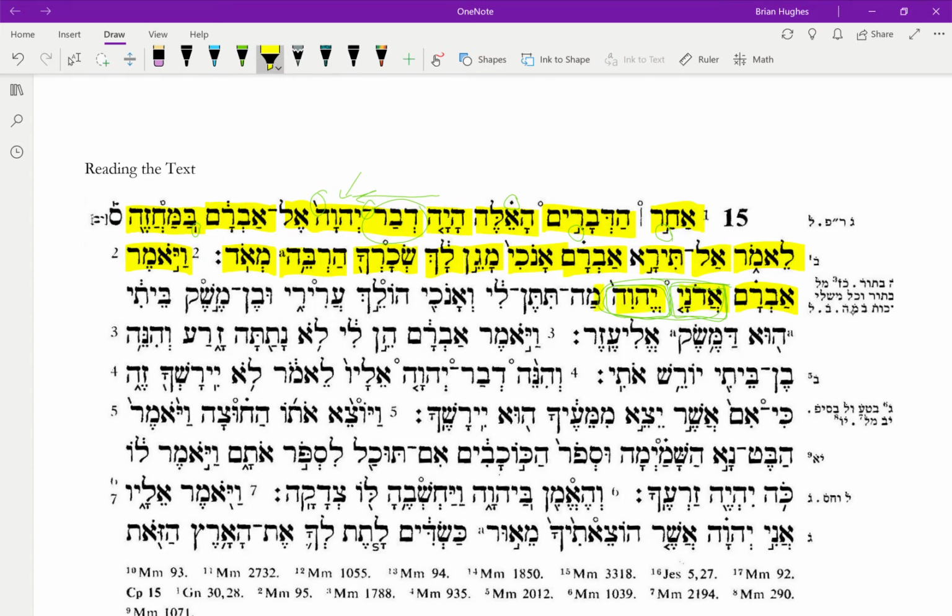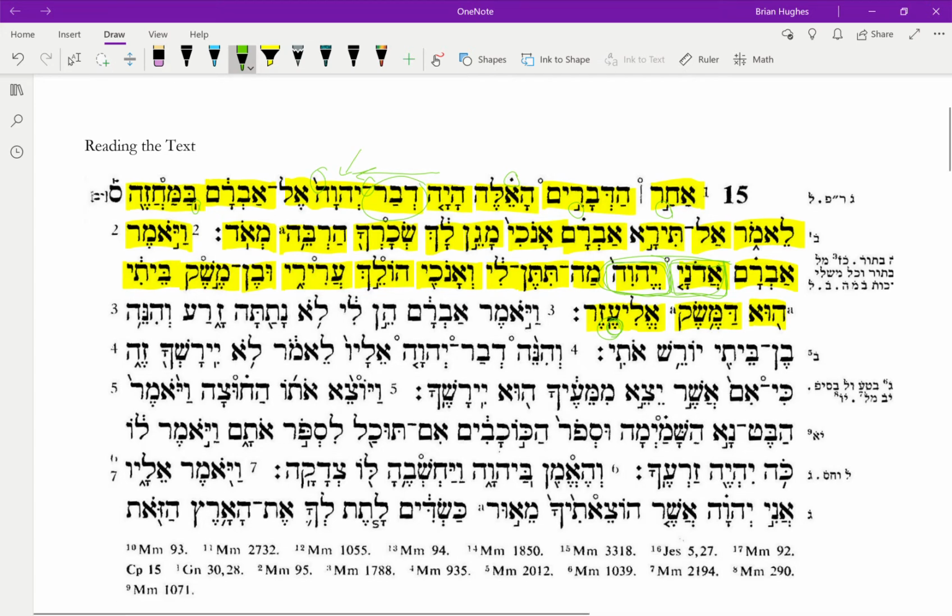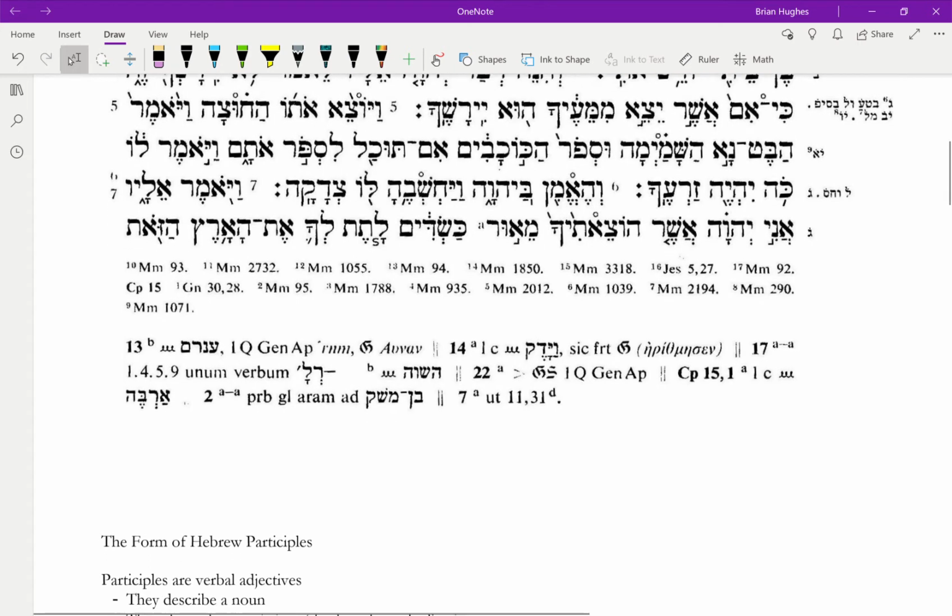Adonai Elohim ma titen li, va'anochi holech ariri uven meshek beti hu Dammesek Eliezer. Here again the accent is on this segol, so that tells me what to stress there. So just those two verses. We don't have a ton of time to keep going, but hopefully that's some help on reading, and we'll continue to try to get to that in our online sessions.